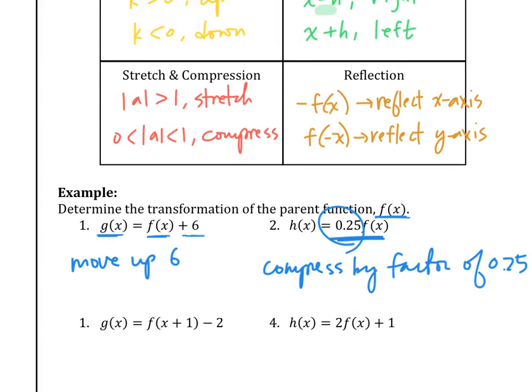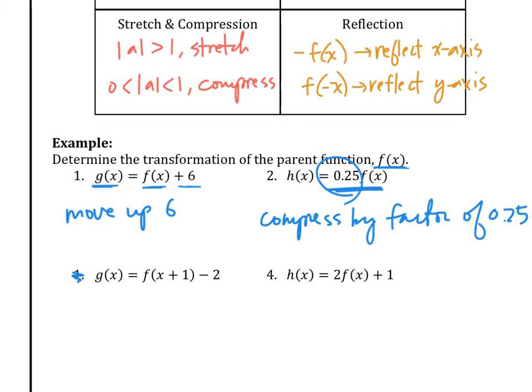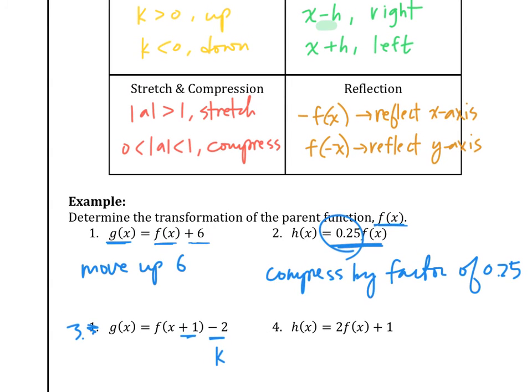Okay, I'm going to do one more, and then you're going to do the last one. So this should be number 3. g of x is equal to f of x plus 1, minus 2. All right, we already know that this 2 has to be k. Now this plus 1, remember I said this is the confusing one. When you see x plus 1, we're actually going to go to the left.